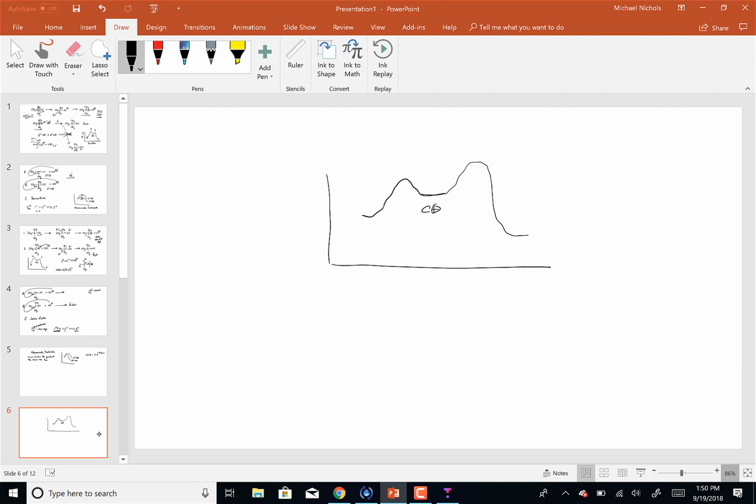So when I have a diagram that looks like this, where the intermediate can go both ways, if I said, well, what's the major product of this reaction going to be? My answer is, it depends. On what? Well, it depends on whether I'm doing the reaction for a short or long period of time. It depends on whether I'm doing this reaction with a lot of energy or with a minimum of energy.